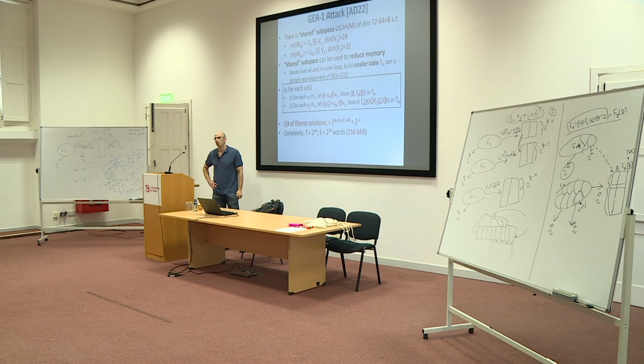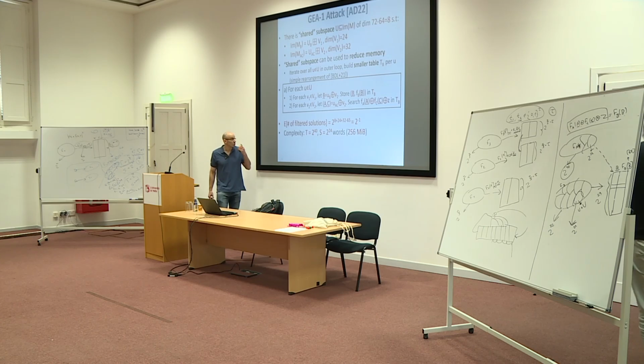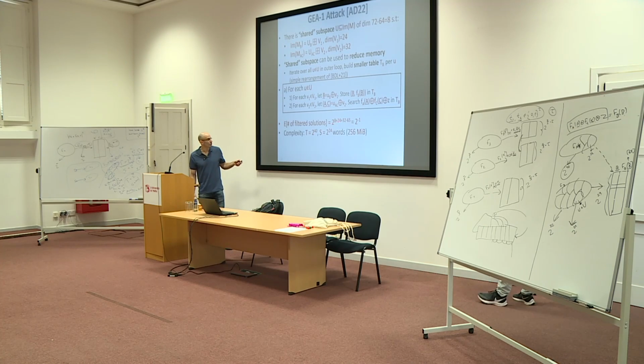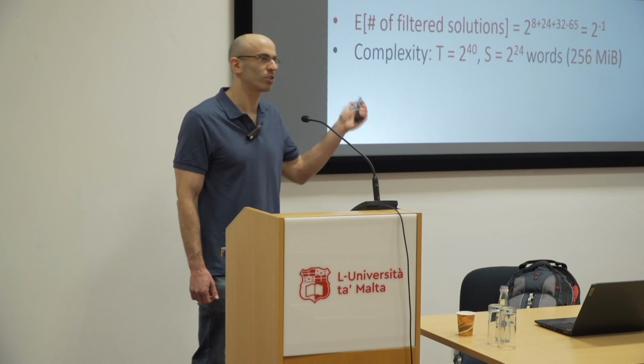Why is it actually 2 to the -1 now instead of 2 to the 0, just one solution? Because we're iterating over 2 to the 64 internal states, and we have a 65-bit filtering condition. Would the attack fail half of the times? No. Here we're not counting the right solution.